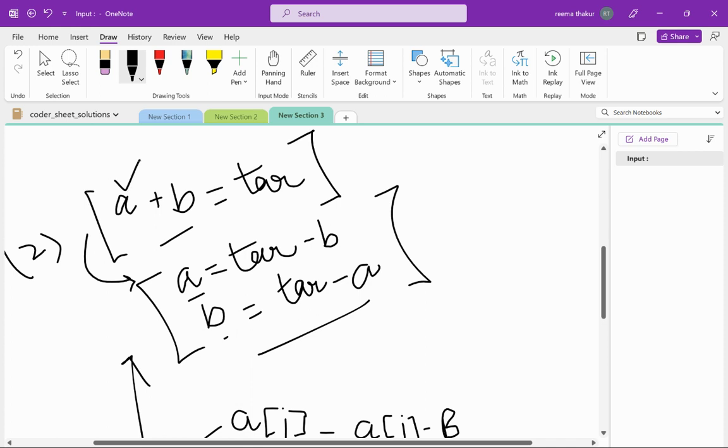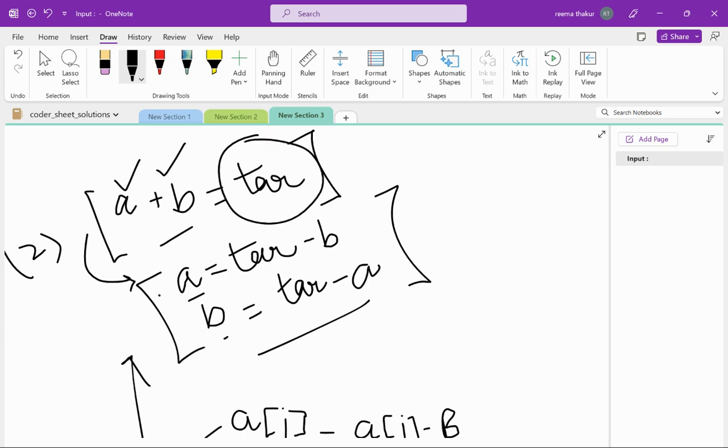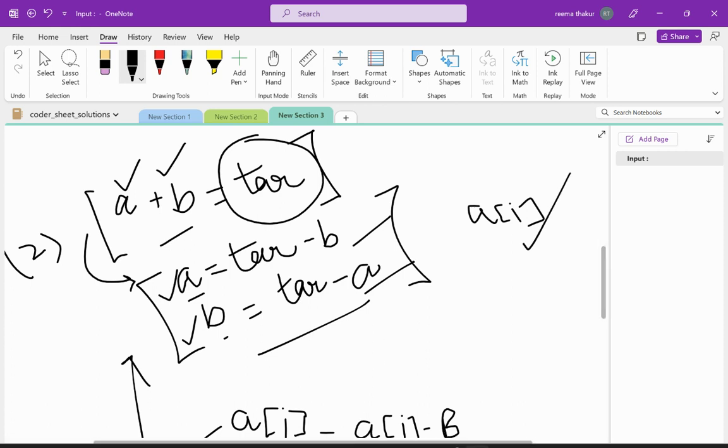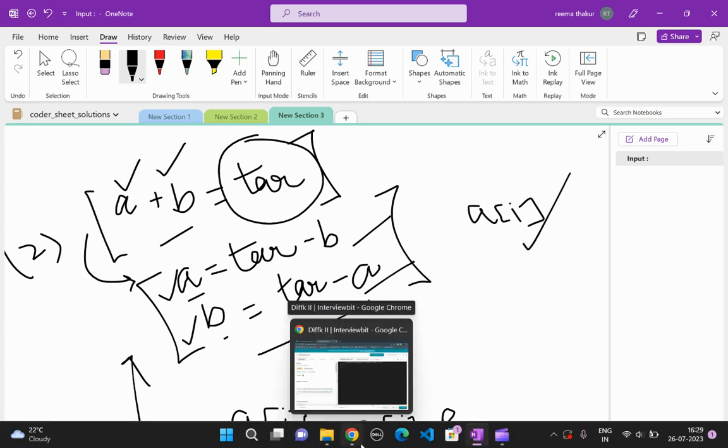We don't know both a and b, we only know the target value, so we'll be checking both values. If either value for any A[i] is present inside the map, we can say that an answer exists.